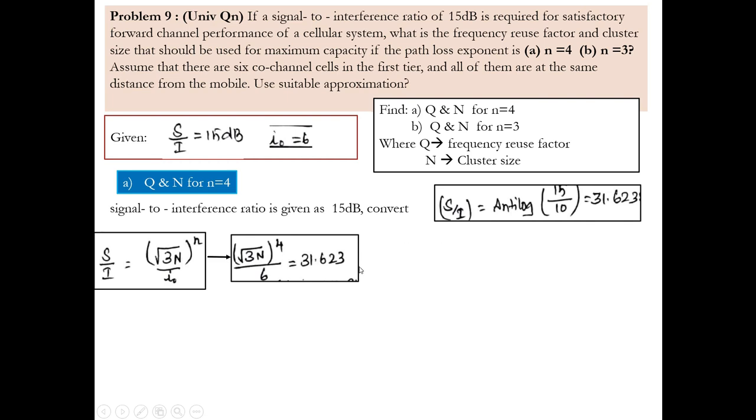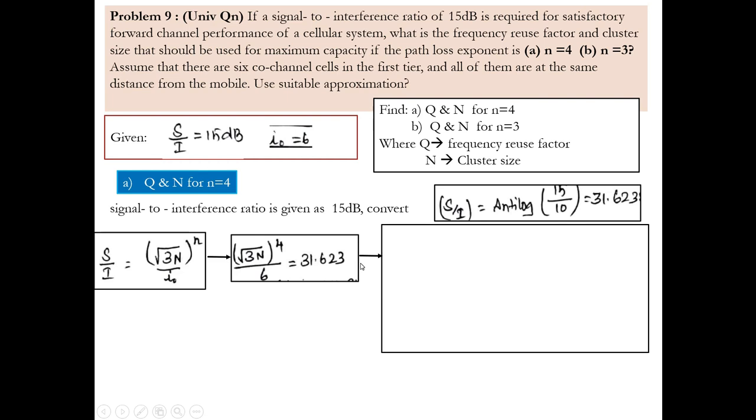So now from this equation let us solve and find the value of N. Let's do this step by step. In the first step, I have taken the 6 to the right hand side. So I get square root of 3N raised to the power of 4 is equal to 31.623 into 6, which is equal to 189.738.